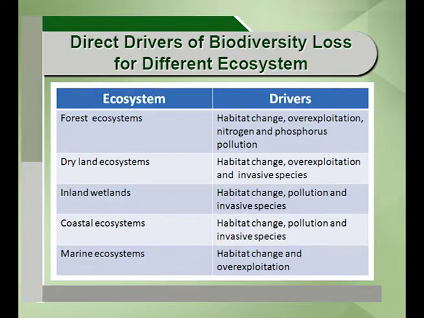In inland wetlands, the major drivers are habitat change, pollution and invasive species. In coastal ecosystems, habitat change, pollution and invasive species. And in marine ecosystems, the drivers are overexploitation and habitat change.